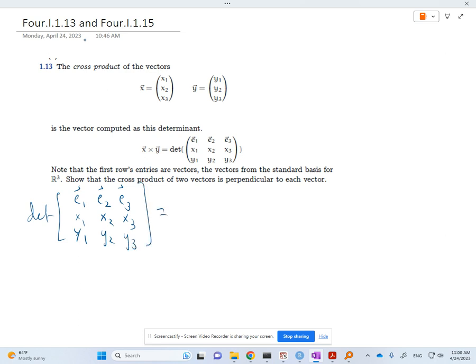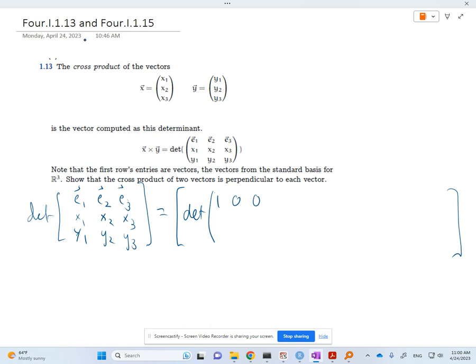So what you want to think of this as is a three-component vector. The first component is when you take the determinant and you take the first component of each vector in the matrix. So the first component of E1 is 1, first component of E2 is 0, first component of E3 is 0.